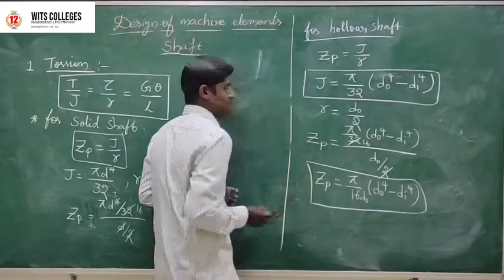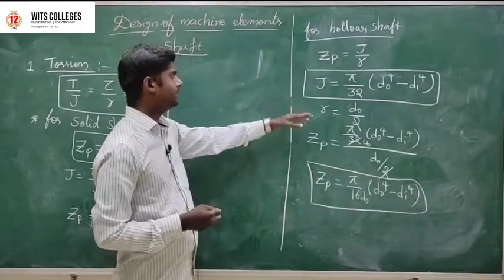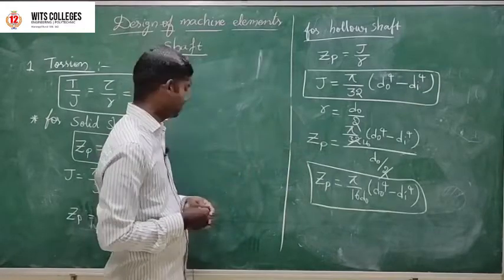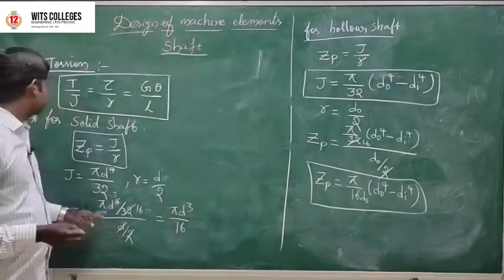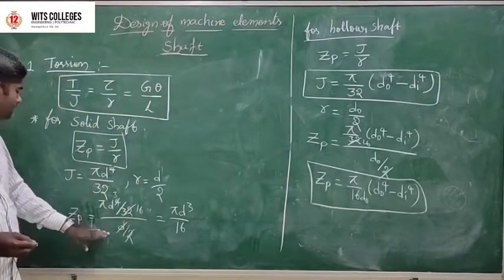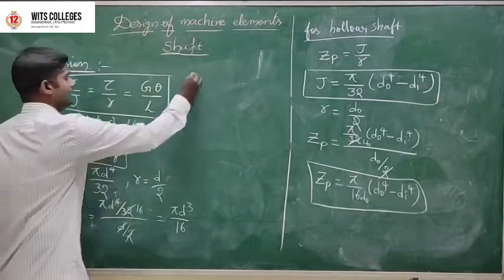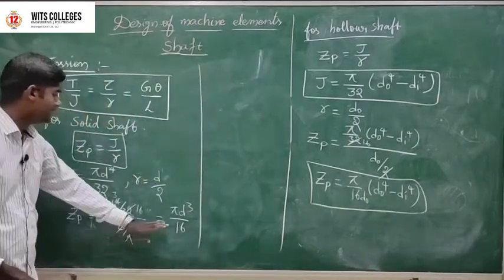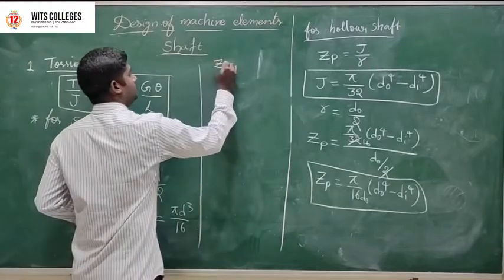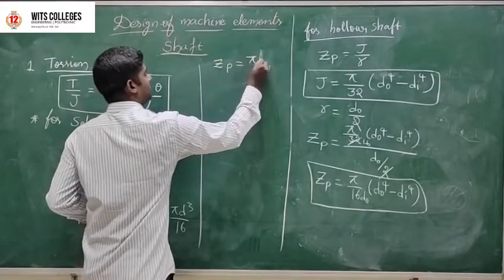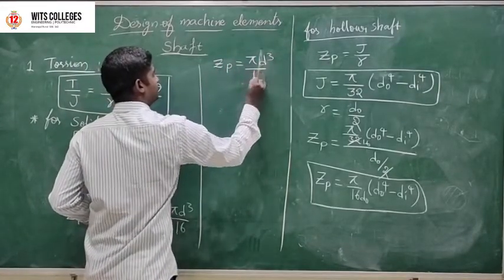Considering the solid shaft, ZP is equal to pi d cube by 16.